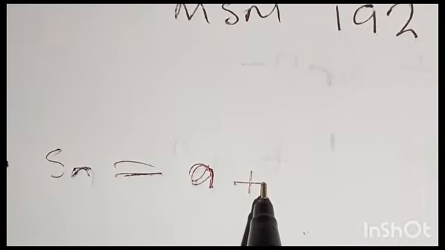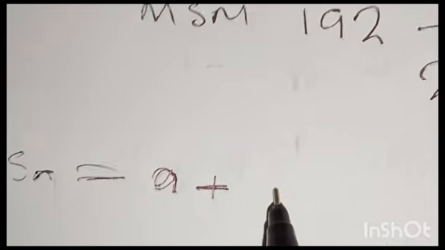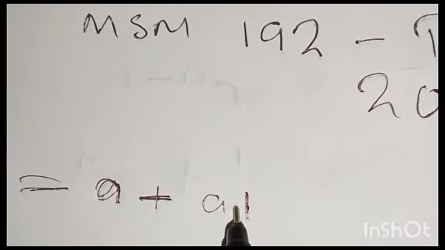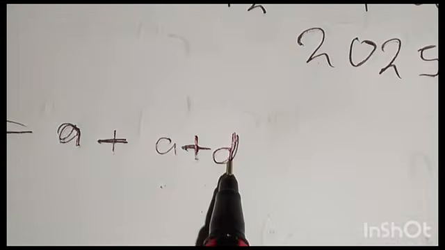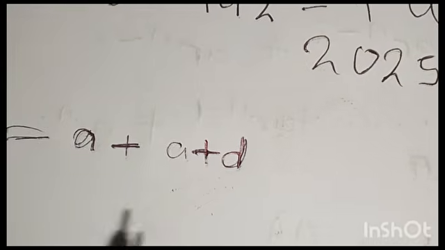We know that for an AP, the sum is equal to: the first term, A, plus the second term, which is A plus the common difference. The common difference is the difference between the first term and the second term.